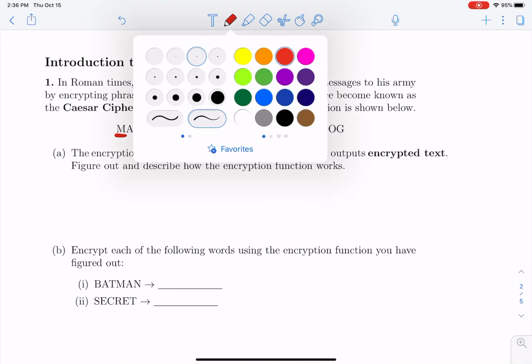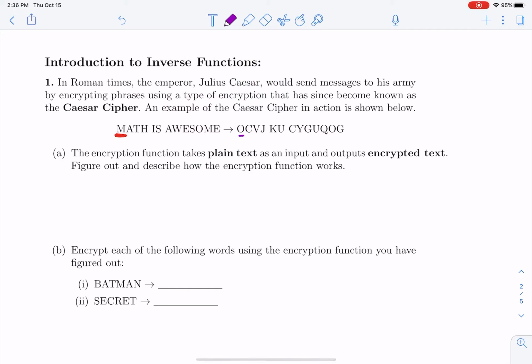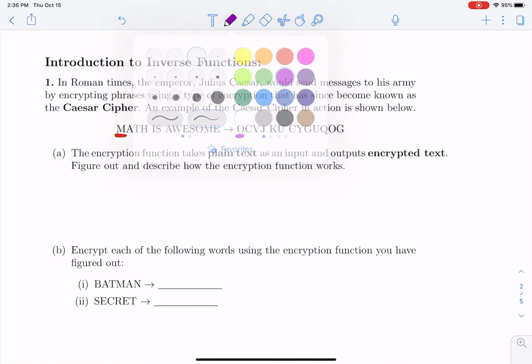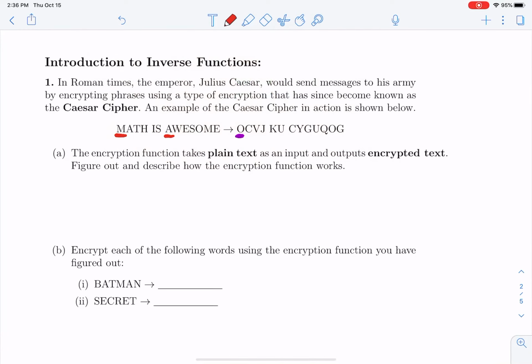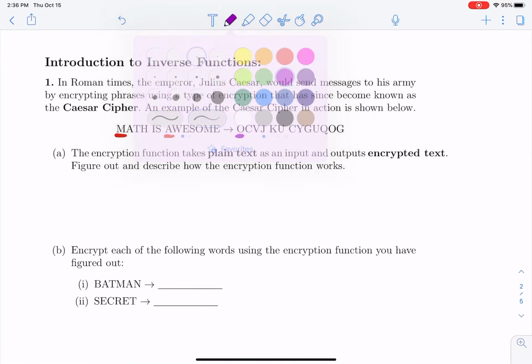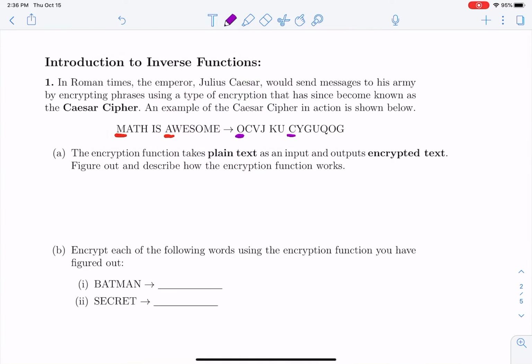Our input is M here, and our output is O. Let's look at another one. Our input is A, and our output is C.